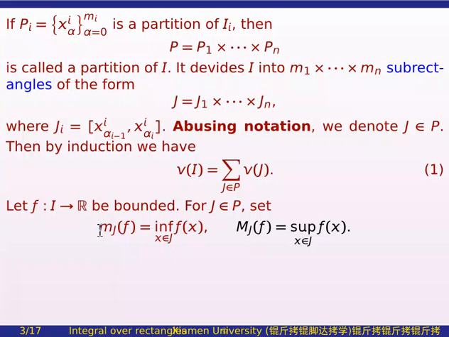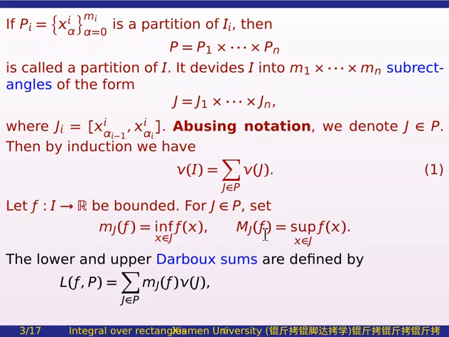In some sense, small m_J and capital M_J are the minimum and maximum values of f over J. Of course, the infimum and the supremum might not be attained. Therefore, they are not actually the minimum and maximum. They should be called infimum and supremum. So for every sub-rectangle J, we introduce small m_J and capital M_J.